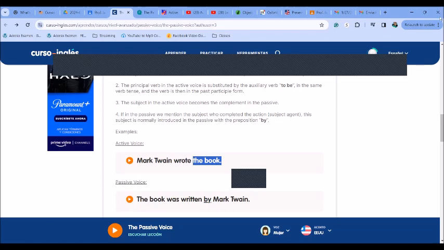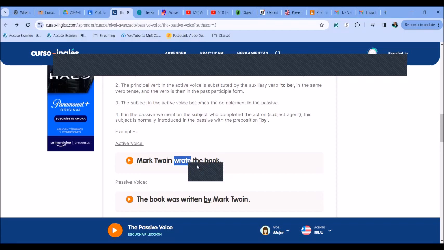Number 2, the principal verb in the active voice is substituted by the auxiliary verb to be. Wrote was your principal verb. We notice that the tense of the verb wrote is past tense.